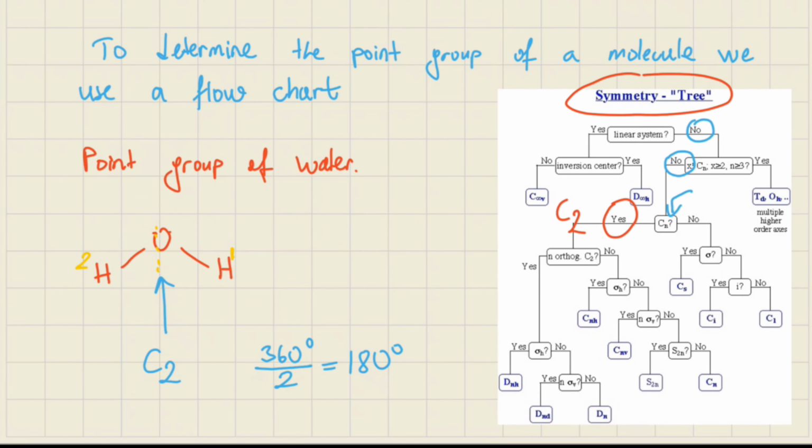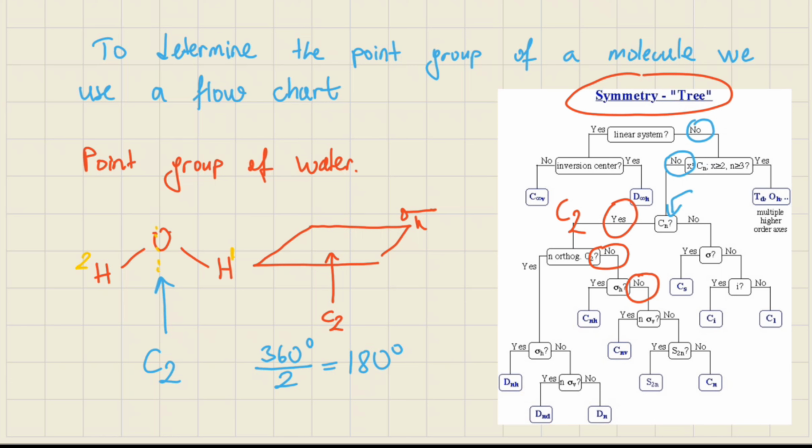So the answer is no for this question. Do we have a sigma h? Sigma h is simply this one. We have a principal axis here, C2, and this is the sigma h mirror. If you make the mirror for our water molecule, the hydrogen atoms will go to the upper positions, so the answer is simply no. Do we have a sigma v?